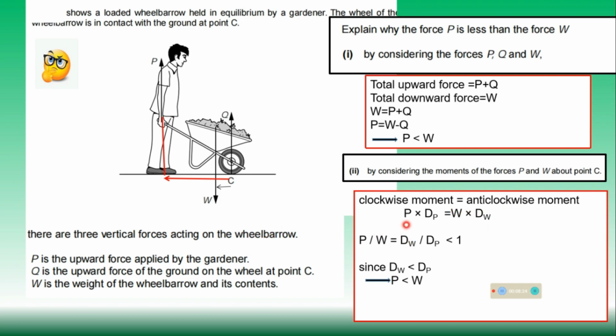So P multiplied by dP, where dP is the distance of P from the pivot, is equal to W multiplied by dW, the distance of W from the pivot. So P divided by W is equal to dW divided by dP, which is less than 1. Since dW is less than dP, it means P is less than W.